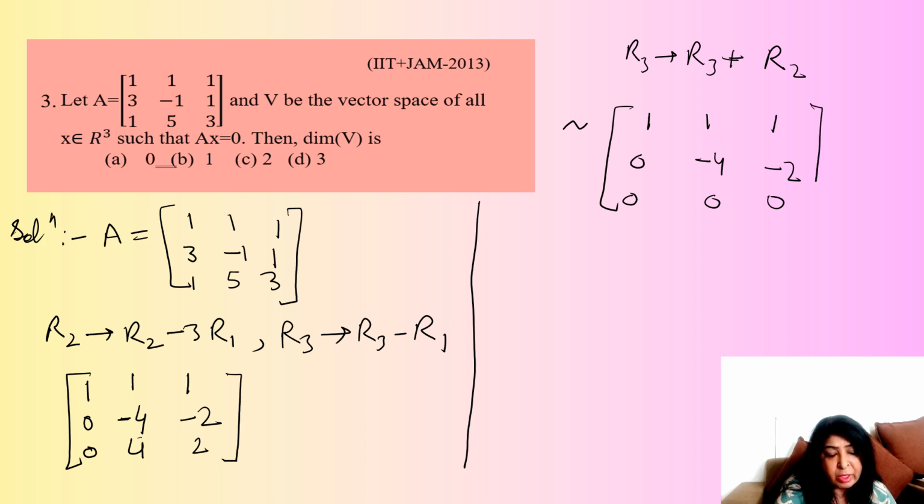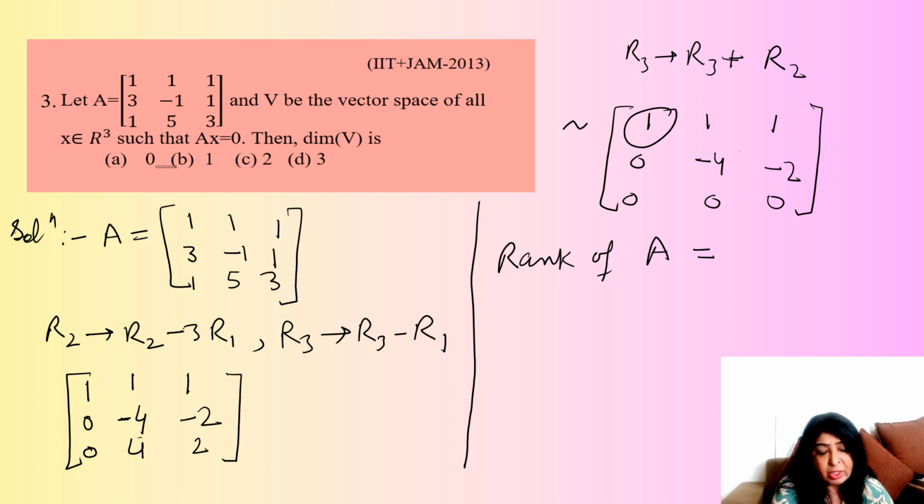Now we have reduced the matrix A to the echelon form. So rank of A, what it will be? It will be number of pivots. Number of pivots are 1 and minus 4. So number of pivots are 2. So rank of this matrix is 2.